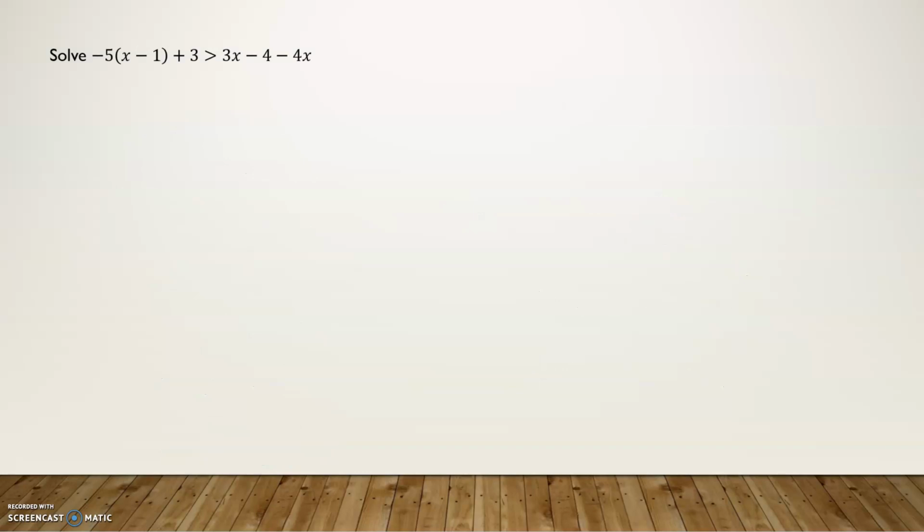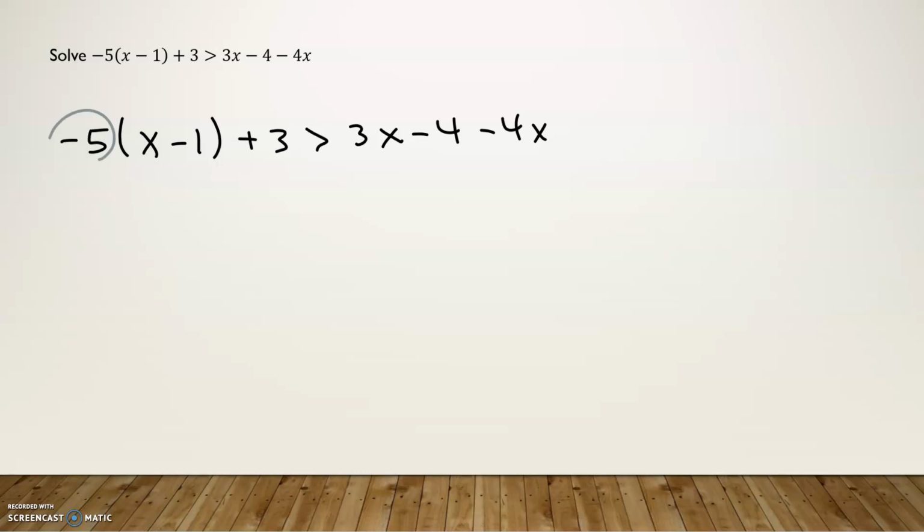Okay, now let's look at this one. I'm just going to take it a step at a time. Negative 5 times x minus 1, plus 3, less than 3x minus 4 minus 4x. So I'm going to distribute on one side and combine like terms where I can. I'm going to distribute this negative 5 to this x and to this negative 1.